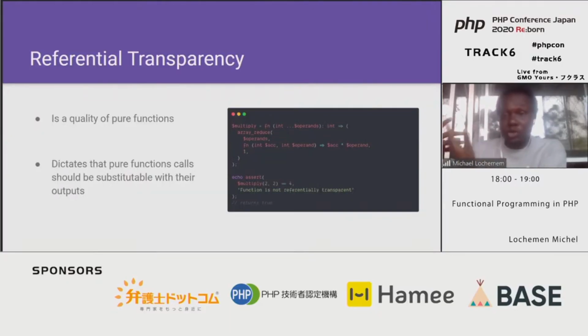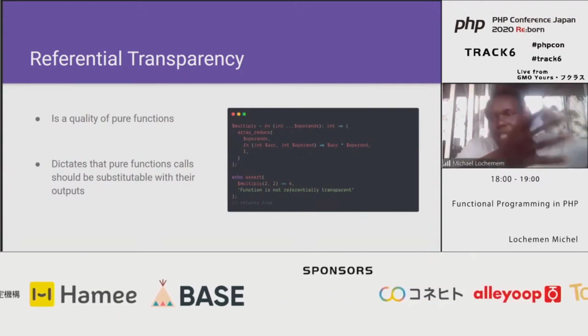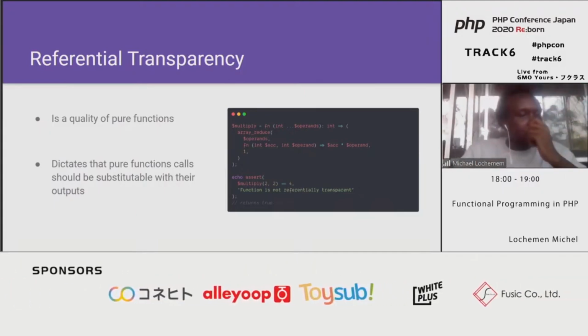It leads us to referential transparency, which is a barometer, a means of assessing the quality of our functions. What is the quality we're assessing? That the functions are pure, don't create any side effects, and don't suffer from any side causes.